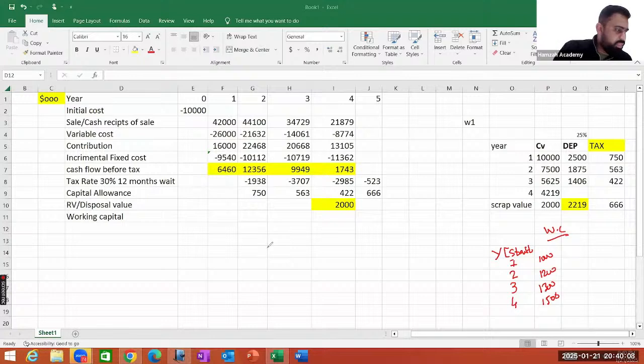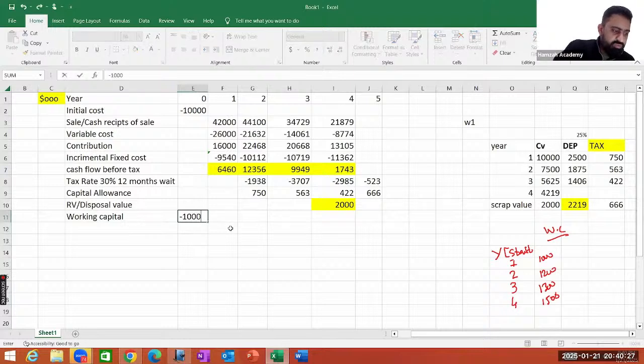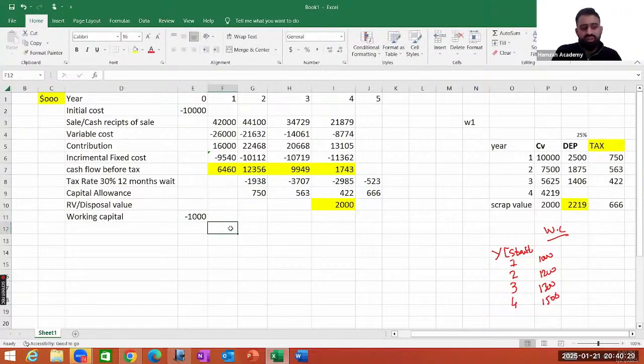Like here, in the question, we have been given the information that we need 1,000 working capital at the start of year 1. The start of year 1 is year 0. It will be taken in year 0. Start of the year will be considered the end of the previous year. And then at the start of year 2, we need a total of 1,200 working capital.